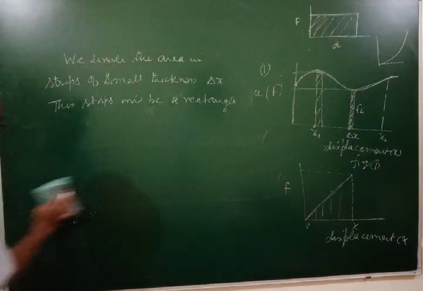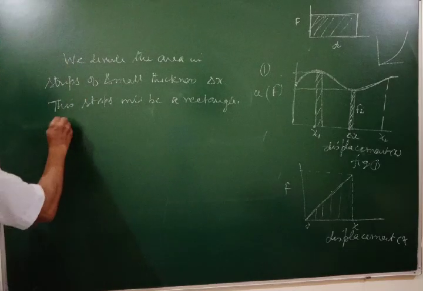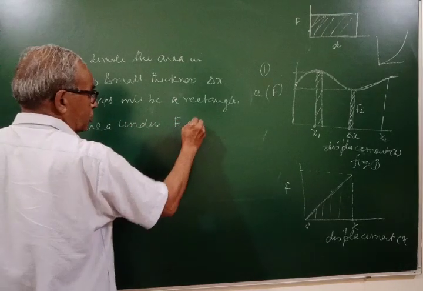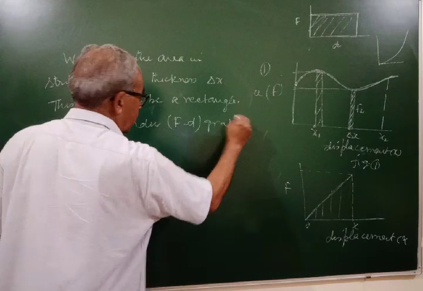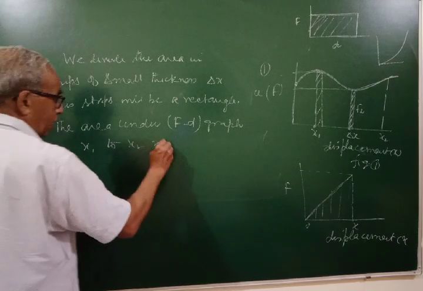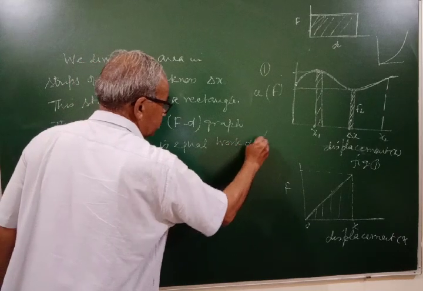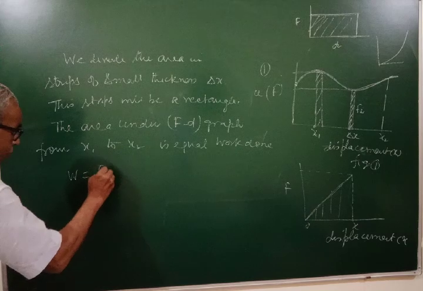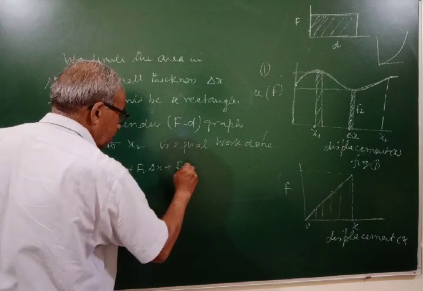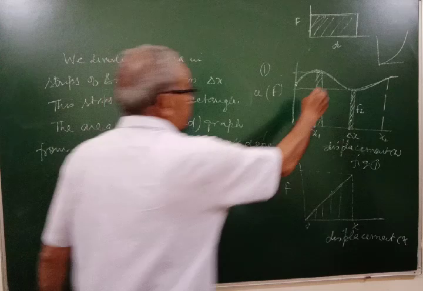So the area under the force displacement graph from x1 to x2, which is equal to work done, is W equal to F1 delta x plus F2 delta x plus F3 delta x plus so on up to, suppose we have divided into n strips.